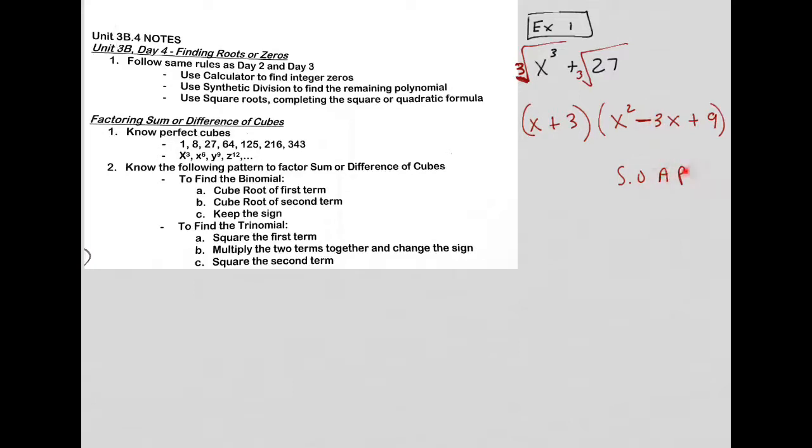And this sign is AP, always positive. That's why you hear people refer to it as SOAP. So again, square the first term. It's going to keep the same sign. Next, multiply the two terms together. 3 times x is 3x. And then you're going to have the opposite sign. And then you're going to square the last term, which gives you 9. And that's always positive. So this should always be positive right here.